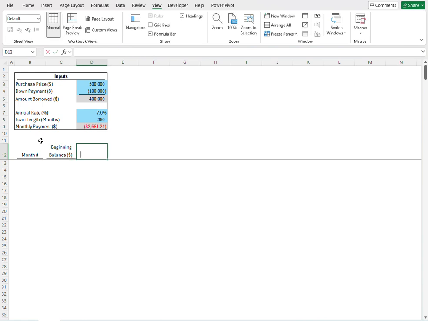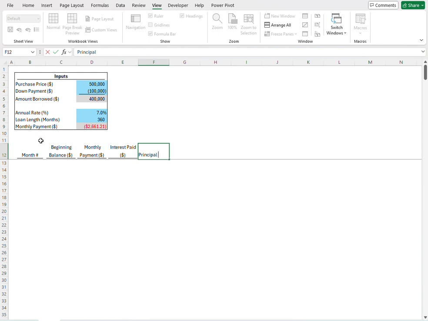And the monthly payment. And interest paid. We'll see how we're going to use all of these in just a second. Principal paid. And then the ending balance.